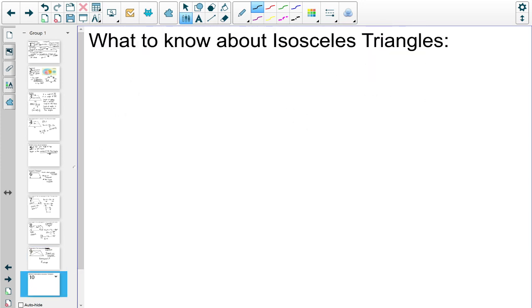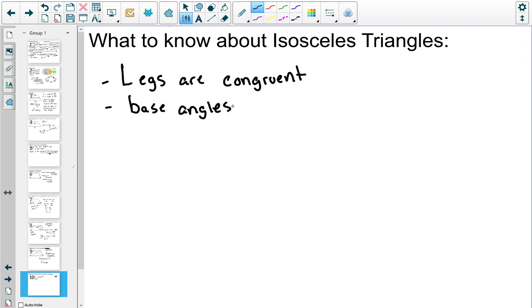So what to know about the isosceles trapezoid? Legs are congruent. Its base angles are congruent.